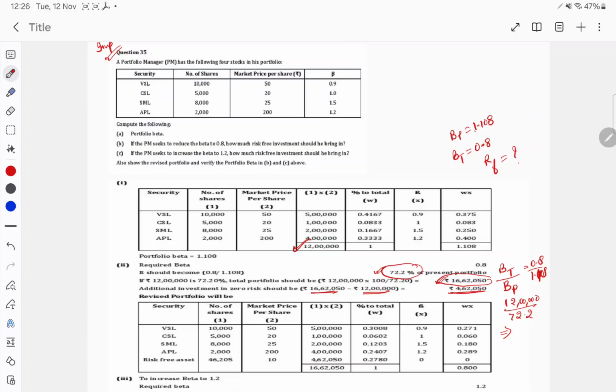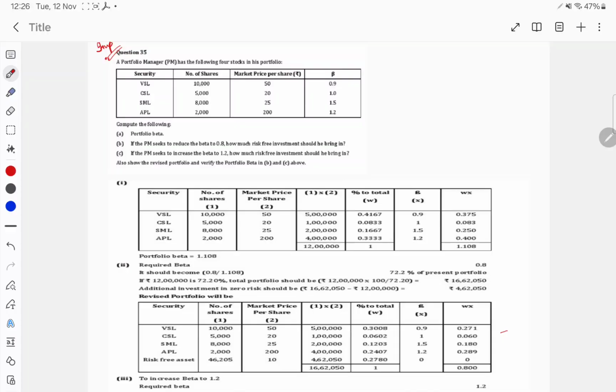Now what the CMA institute generally does, I would suggest you to do this in the examination, because it would give a good impression to the paper checker.